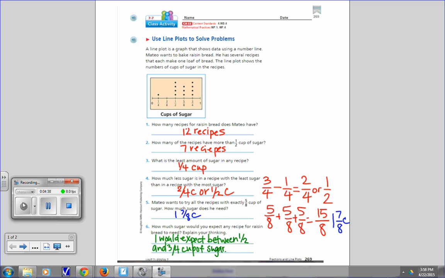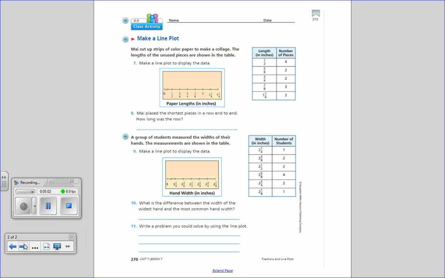And I think this because most of the recipes called for about that much. Most recipes called for 1/2 or 3/4 cups of sugar. So that's how you would use a line plot to answer those questions.